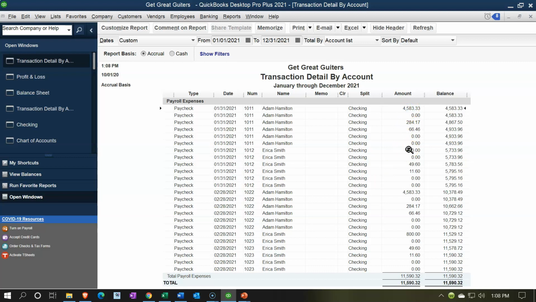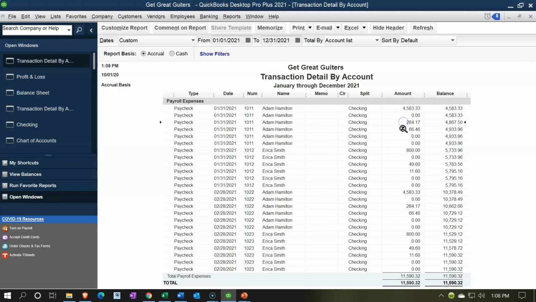That expense includes both what we paid Adam as well as the taxes that we took from Adam and are holding on to, the money that we didn't pay to Adam, but we are going to pay on Adam's behalf to the government. So the gross earnings include both what we gave Adam, the net payroll check, plus the amount of Adam's payroll taxes that we're going to pay for Adam.